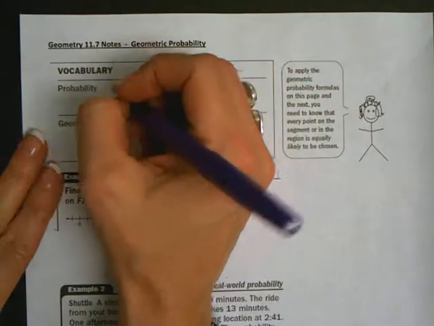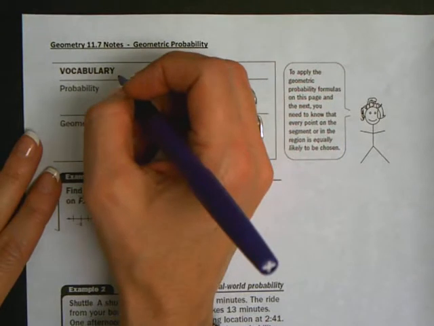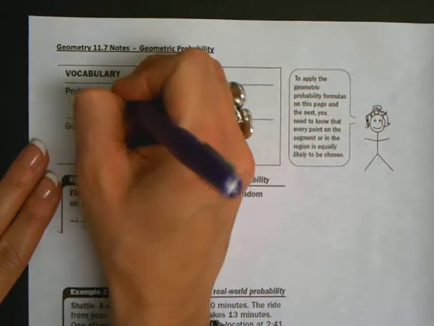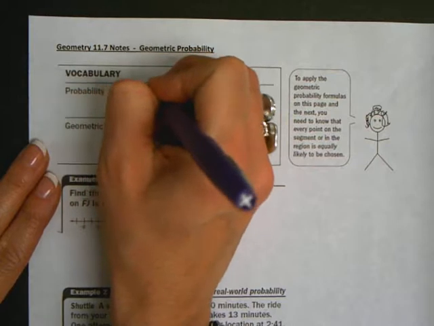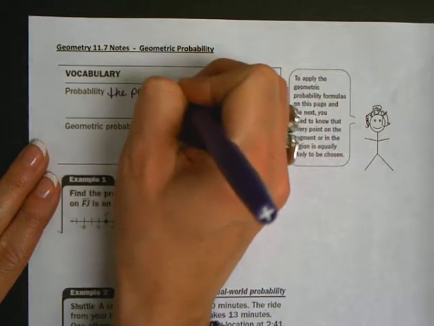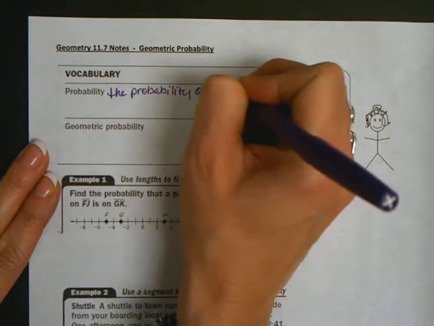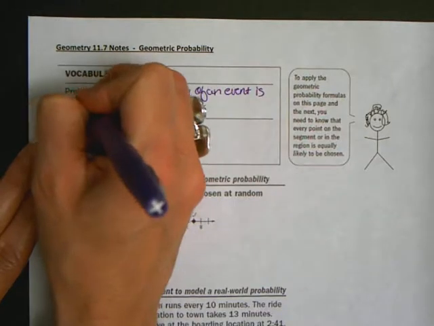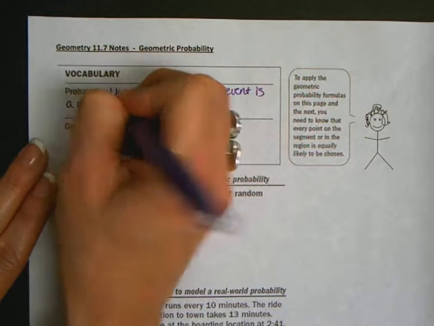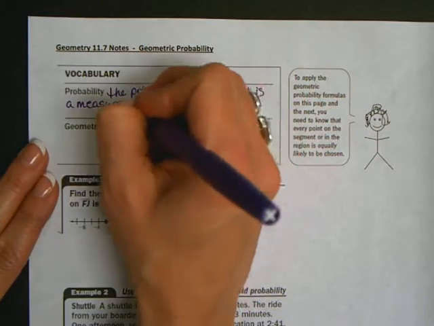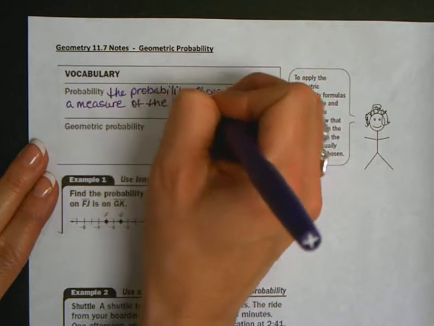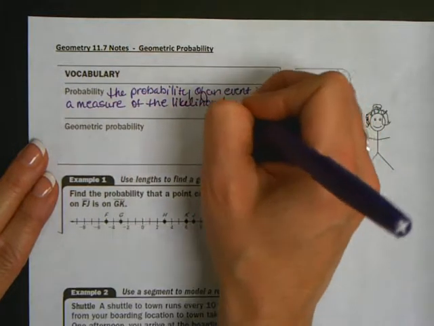Probability is a measure of the likelihood that the event will occur.